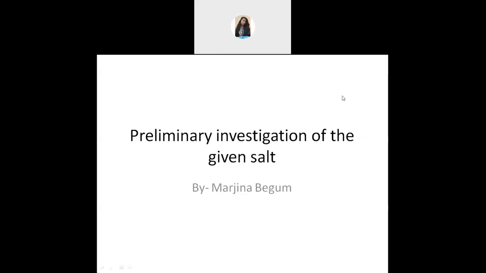So a preliminary investigation of given salt means the examiner will provide you some salt. Four or five or more salts will be provided. Then you have to check the preliminary, means you have to check the color, the physical state, solubility, etc. Okay.